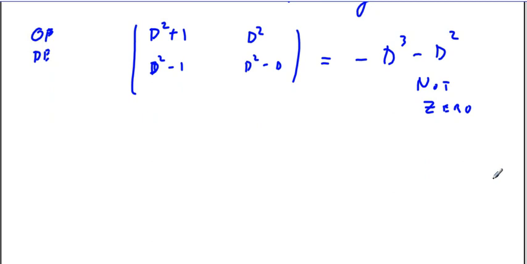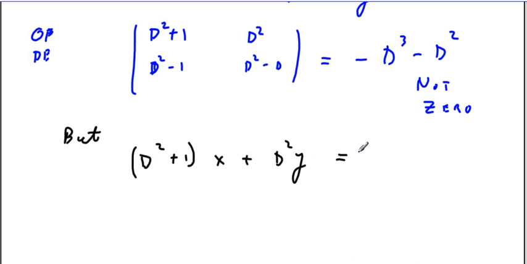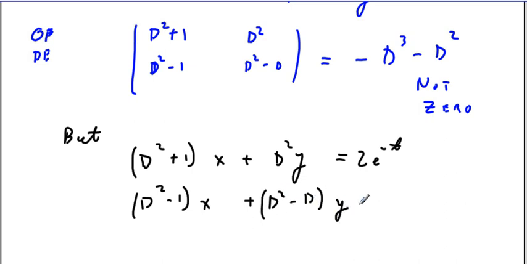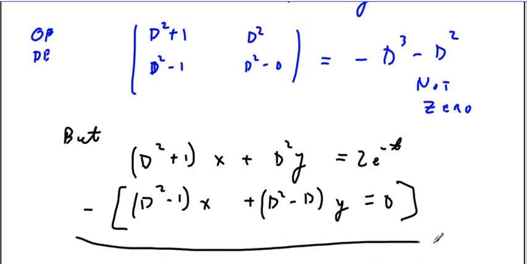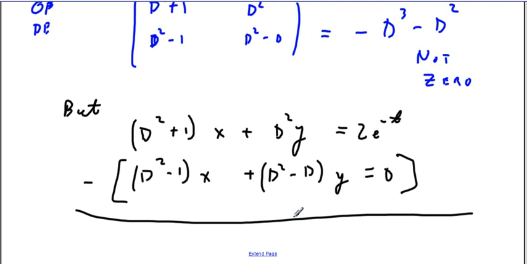Unfortunately, if I have D squared plus 1 x plus D squared y is equal to e to the minus t, and I have D squared minus 1 x plus D squared minus D y is equal to 0, and I subtract these two, what happens?